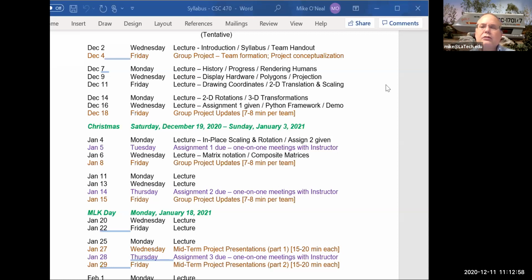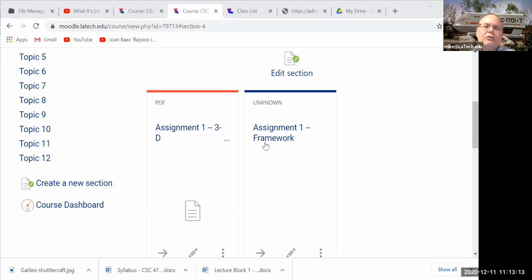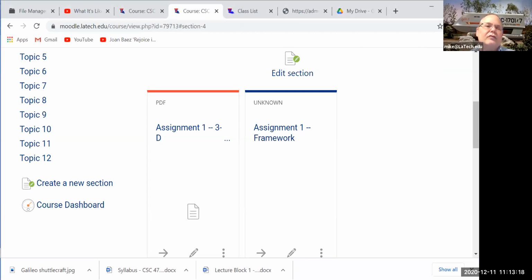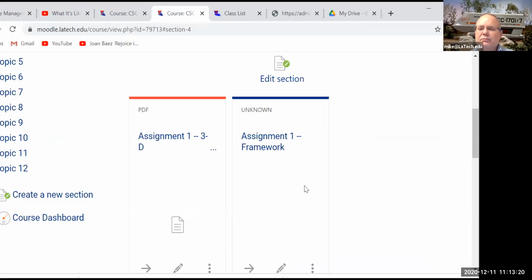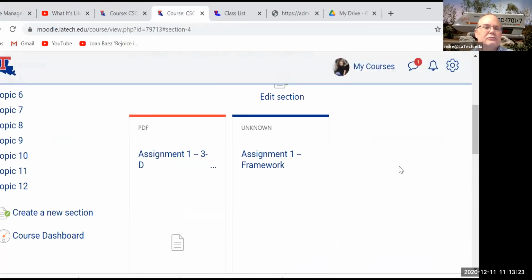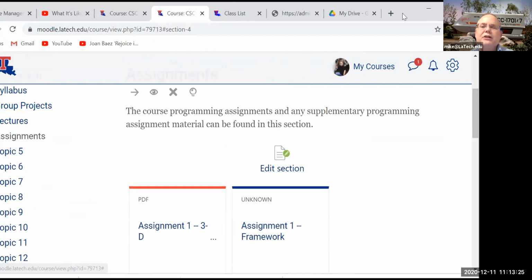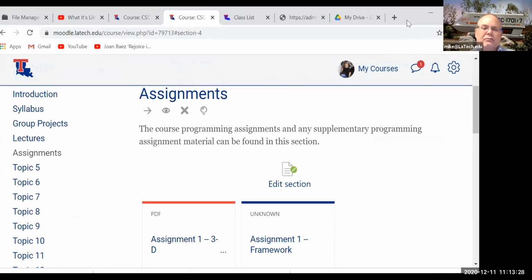If we look at Moodle, under assignments, there's now assignment 1. All of the details.